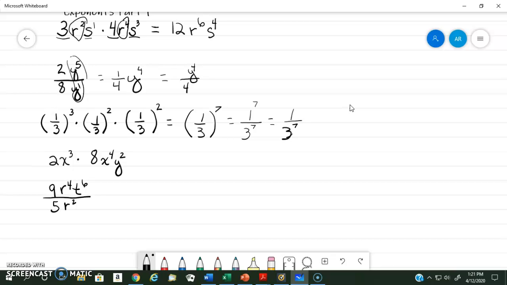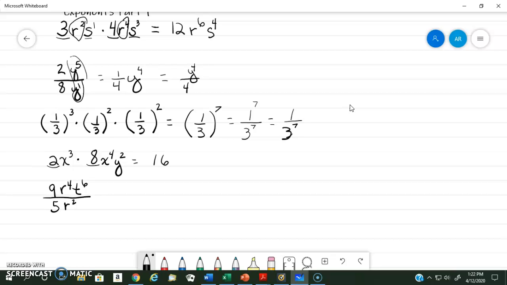I see that I have a mismatch. So up here, I had things that matched up. I had some r's that matched up, the s's matched up, I had some numbers, but down here I'm noticing that not all my variables match perfectly. I'm going to start with my numbers, and I have 2 times 8. Well, 2 times 8 is 16.